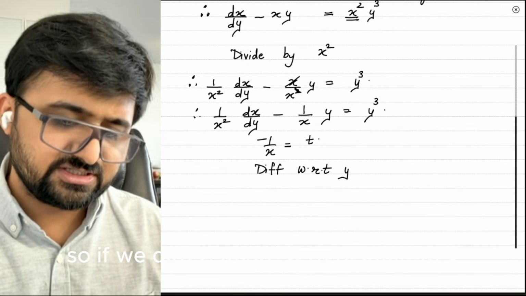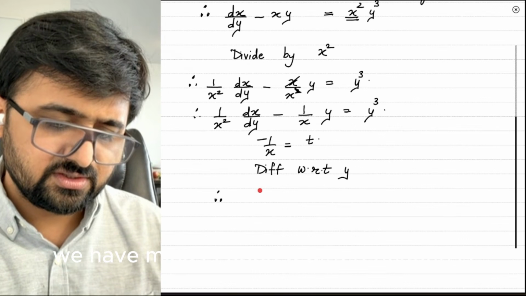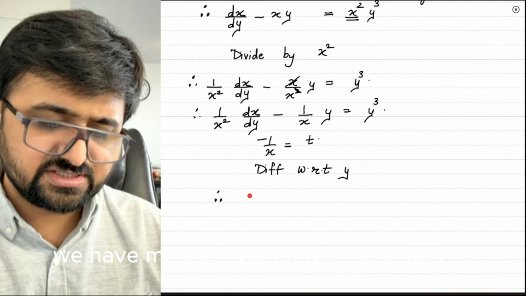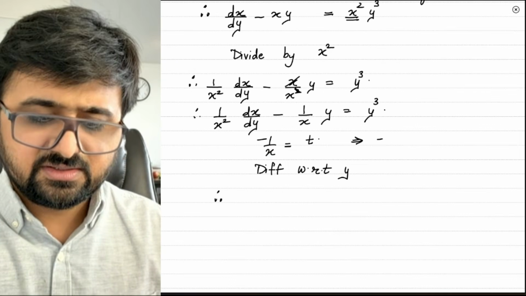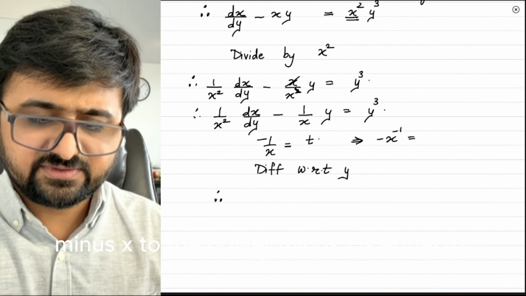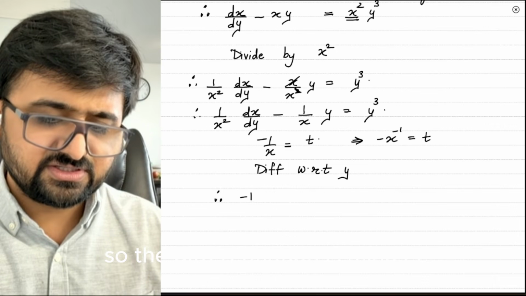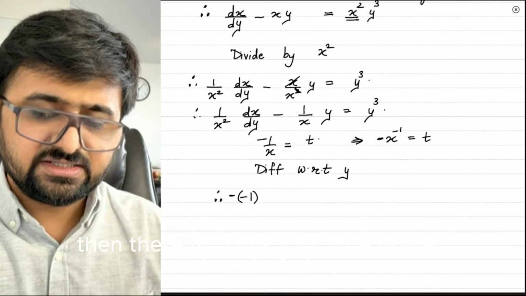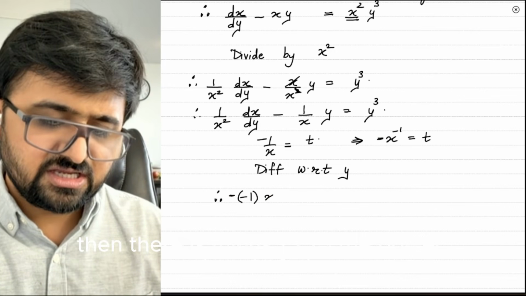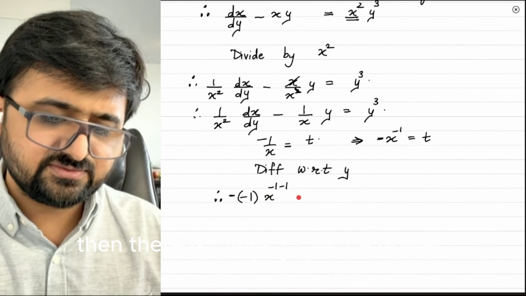So if we differentiate with respect to y, we have minus 1 upon x. So this minus 1 upon x can be written as minus x to the power minus 1 is equal to t. So the differentiation is minus 1. So there is this minus already. Then there is minus 1, x to the power minus 1 minus 1. Okay.